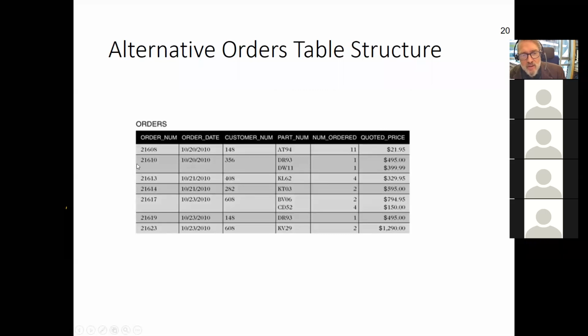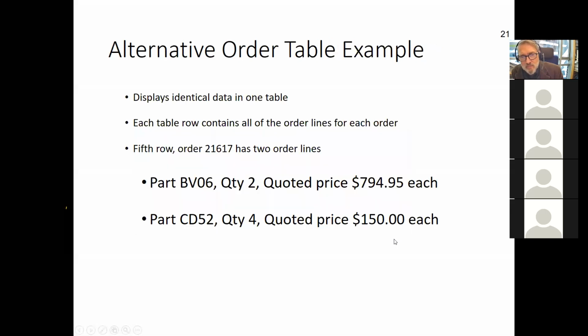Here's the alternative. What if we tried to have multiple parts in the same order? Then how do we relate this one or this one back to this customer number, back to this order date, etc.? That's why we have to separate them out. This would be a bad table design, and we should never do this. Instead of having one orders table which includes all of this information, we separate out the part numbers into another table, the order line table.